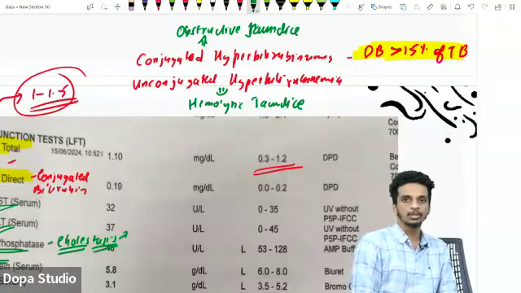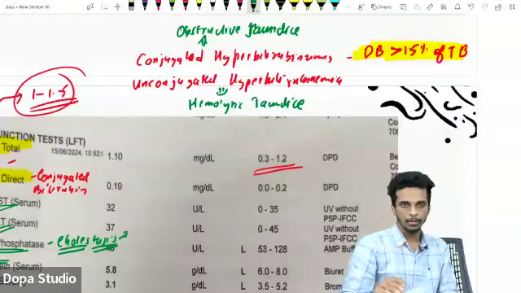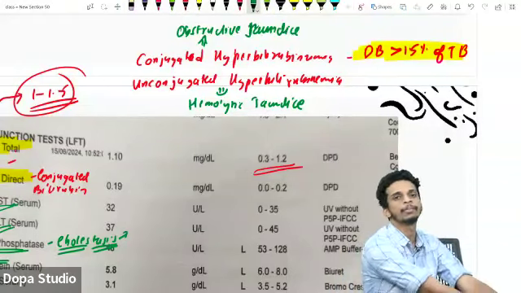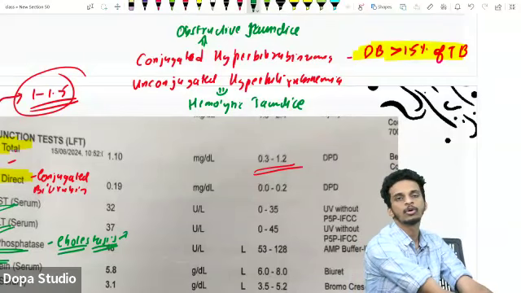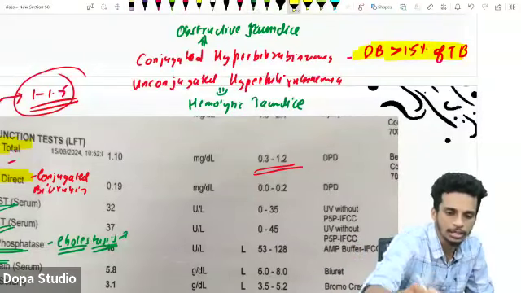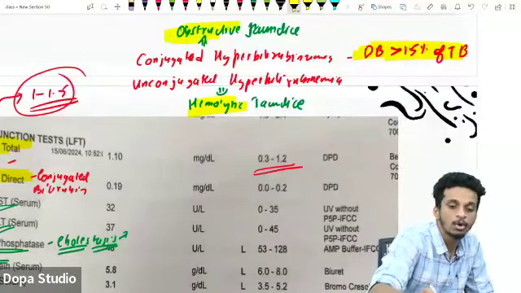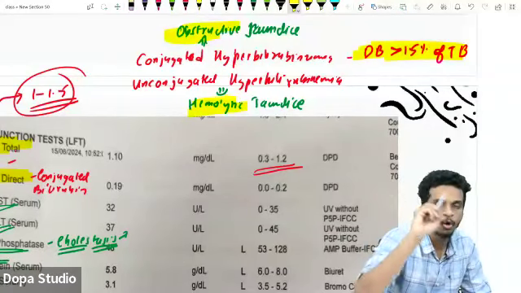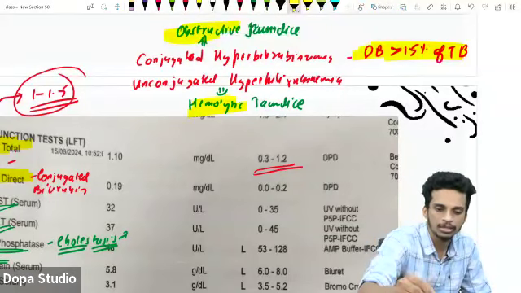So by looking at the LFT, it is important for you to comment whether it is unconjugated or conjugated hyperbilirubinemia, because unconjugated hyperbilirubinemia is due to hemolysis and conjugated hyperbilirubinemia is due to obstruction. That is extremely important. So how will we call it? It's very simple.